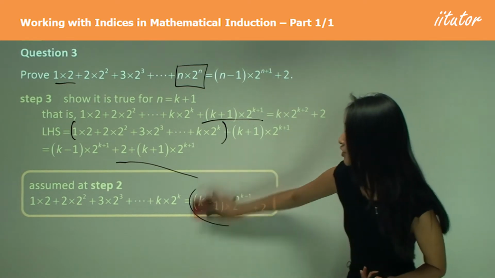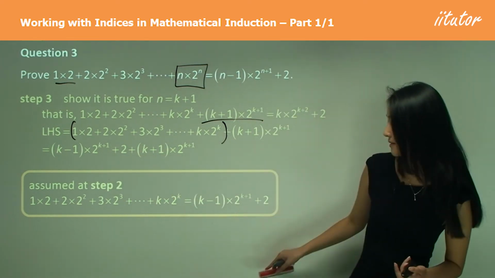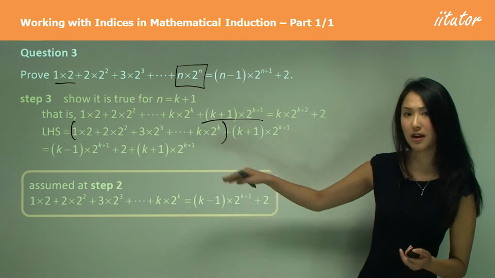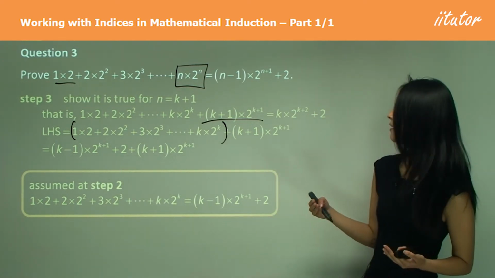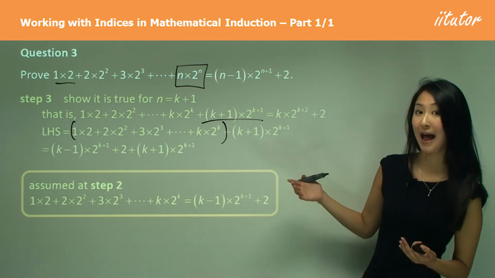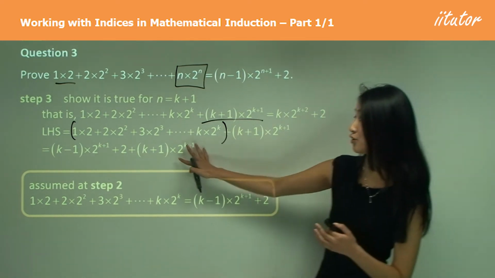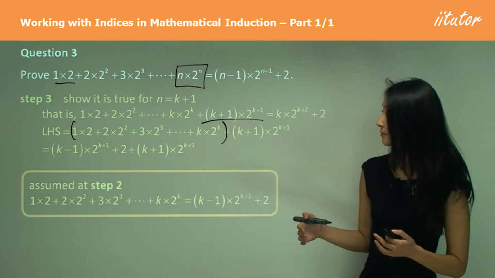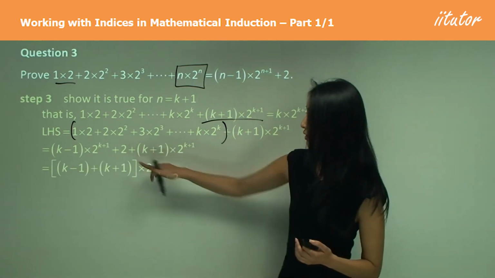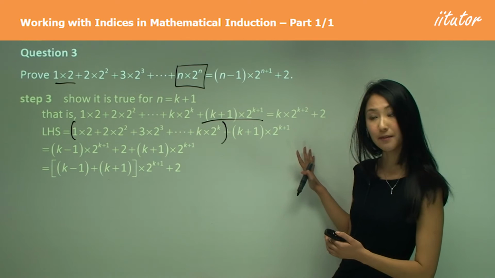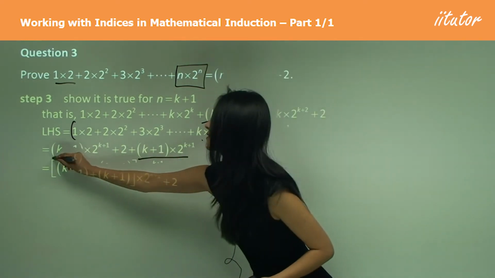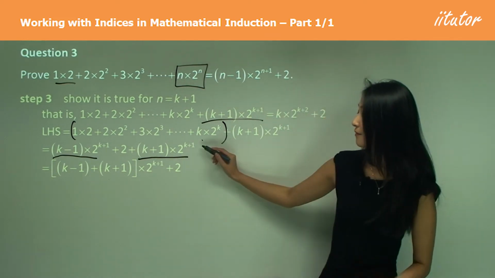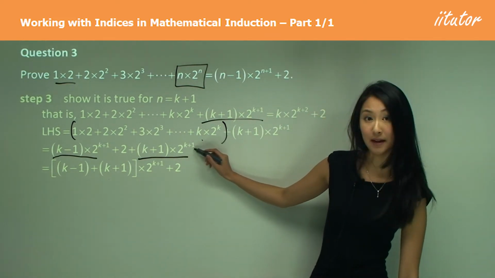So now we've substituted in. We think to ourselves, well, the best thing to do here would be to factorize out the common value, wouldn't it? So then we have 2 to the power of something, just one of them, rather than 2 separate values. So that plus 2, we've just isolated out to the back, and we're just considering this term here and this term here, and we've factorized out 2 to the power of k plus 1.